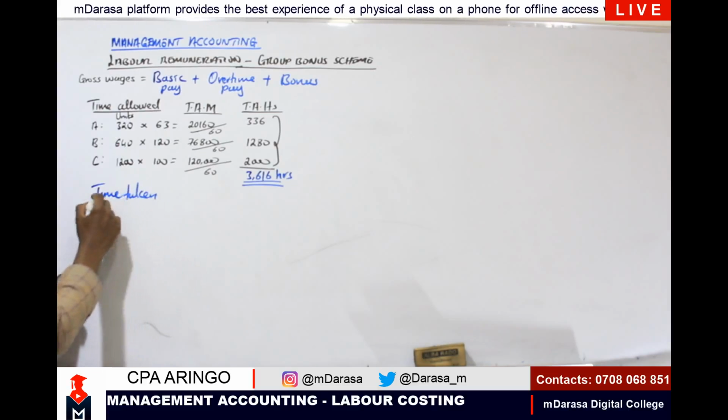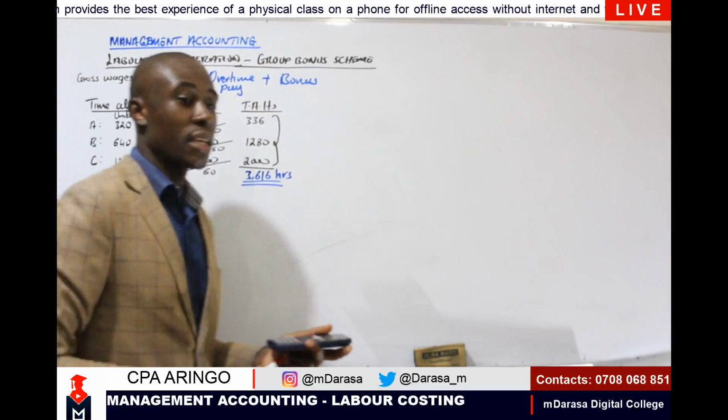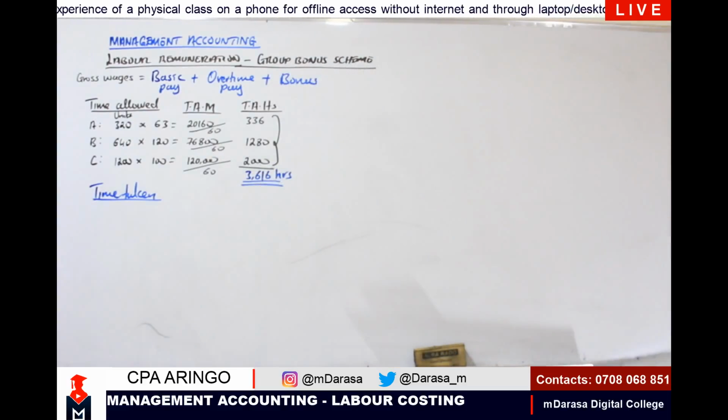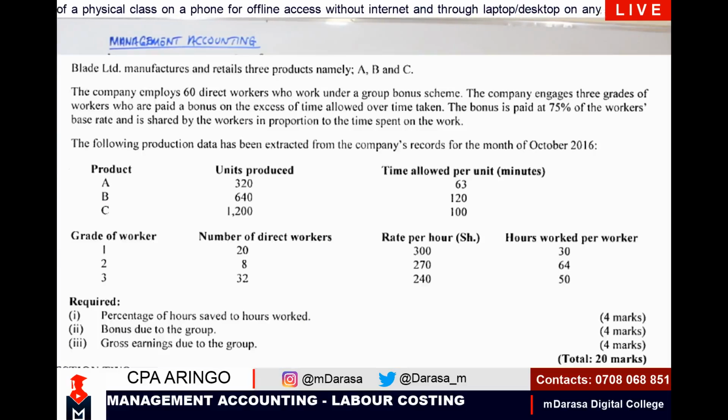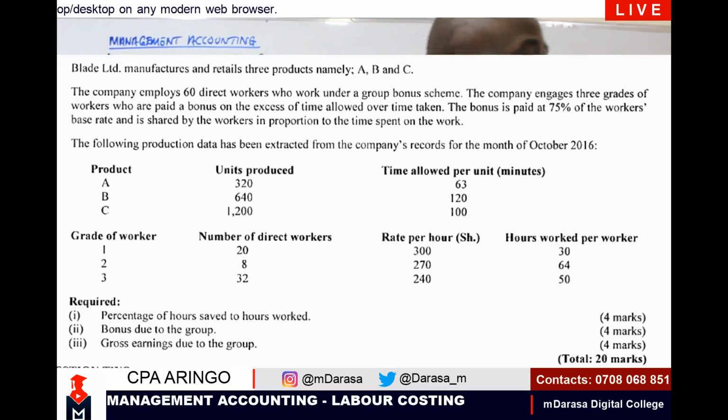Time taken, or time worked. If we look at our question here, this is what I was given. Grade of workers: I'm given grade 1, grade 2, and grade 3.